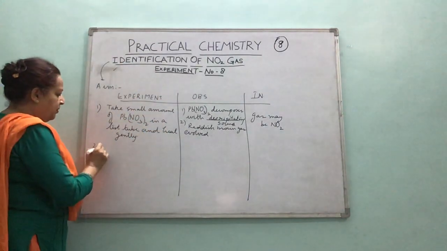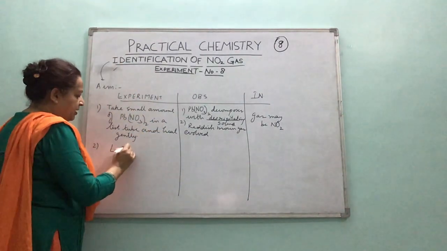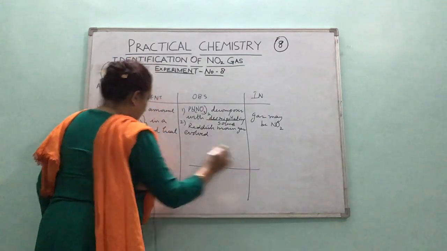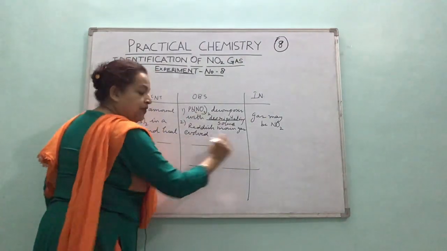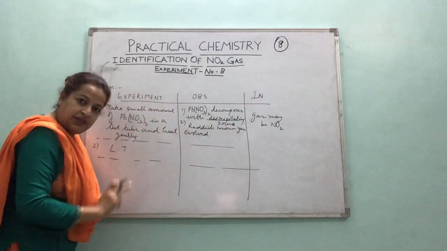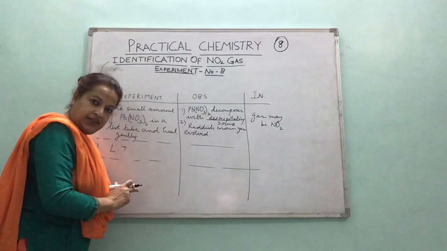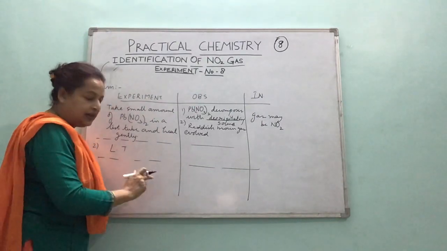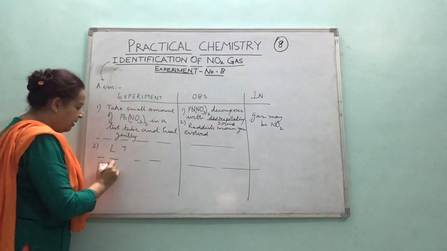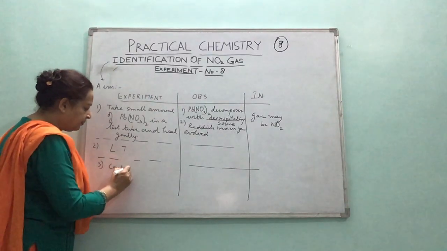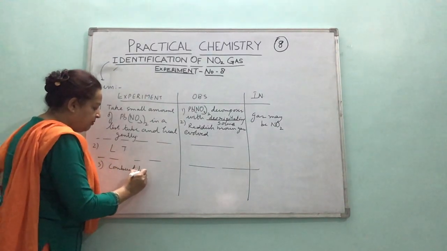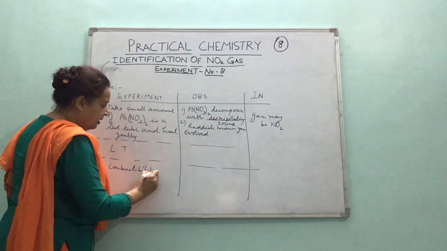Then second, you know what you have to write? Litmus test. You know we have done it in all the acidic gases, the same thing you will be writing. Second, litmus test. Third, combustibility test.